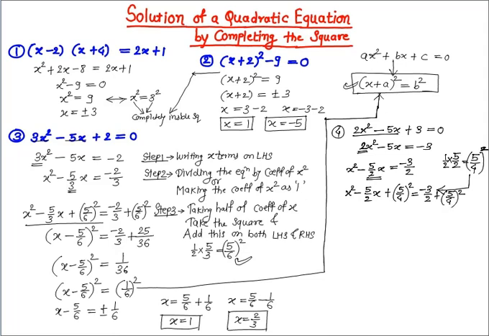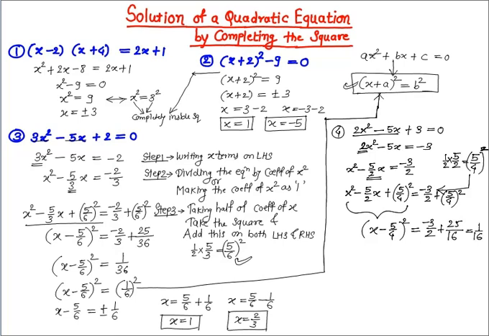Now we can see this is in the form of a square minus 2ab plus b square. So we can convert it into (a minus b) whole square, that is (x minus 5 by 4) whole square equals to minus 3 by 2 plus 5 square 25 and 4 square 16. Now this is 1 by 16.